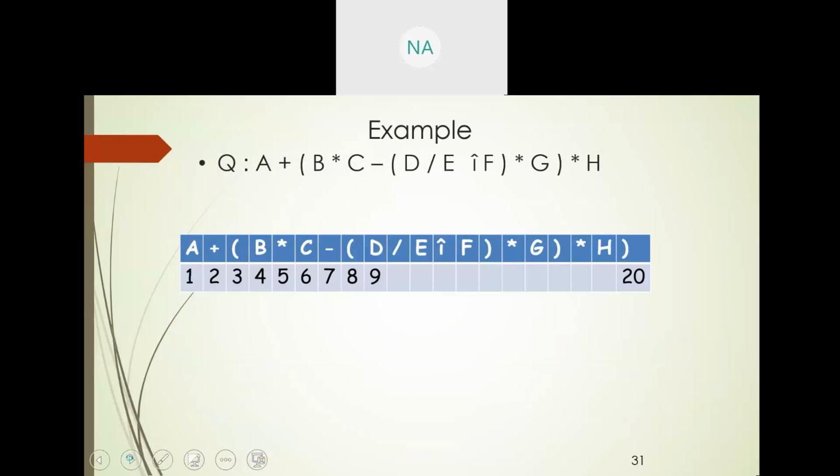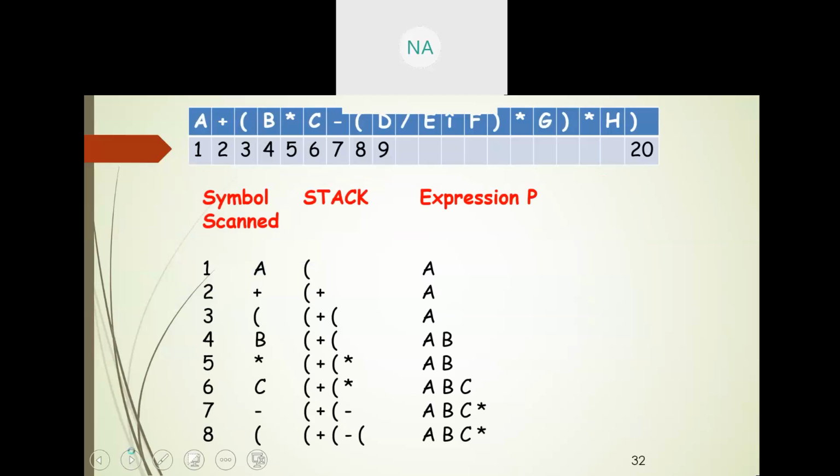Now see an example. Consider this expression which is in infix notation. We add a right parenthesis at the end of expression Q. Now we have 4 columns.